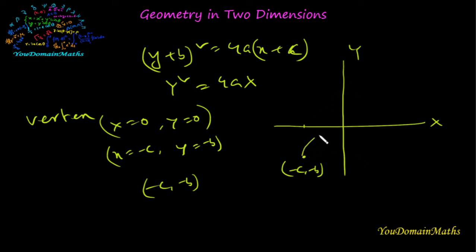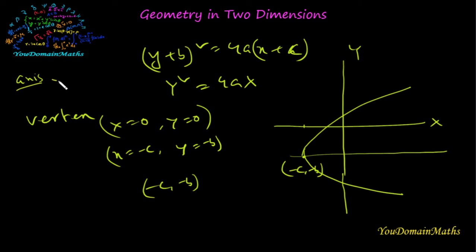This is the figure, and it maintains this type of thing, where the axis is this, and the equation of the axis is capital Y equal to 0, that means y plus b equal to 0. So this is the equation of the axis.